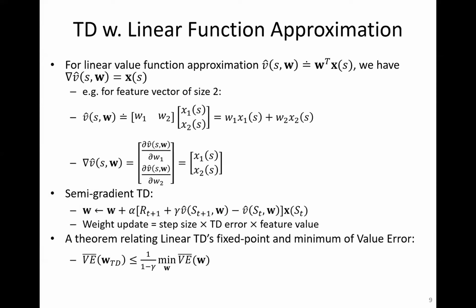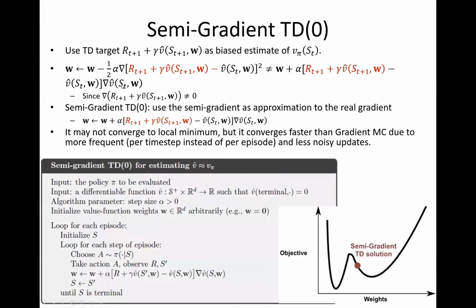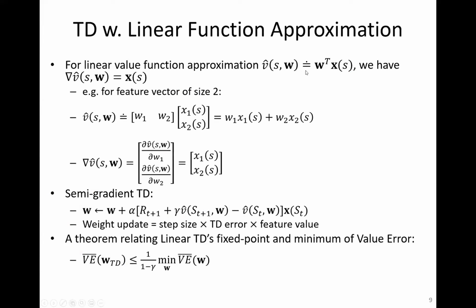So semi-gradient with linear function approximation simply has x on the right-hand side. That's the feature vector. Whereas before, we had this gradient operator applied to v hat. But here, v hat is a product of two terms. So it's simply x. So it's step size alpha times TD error times feature value.